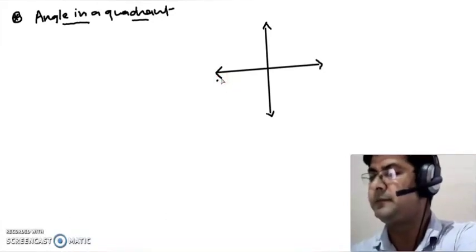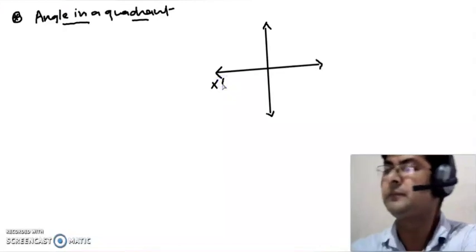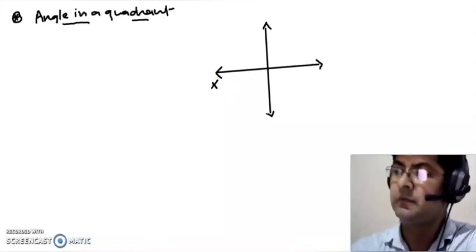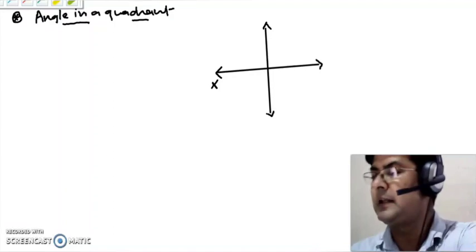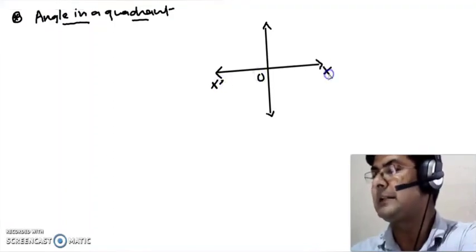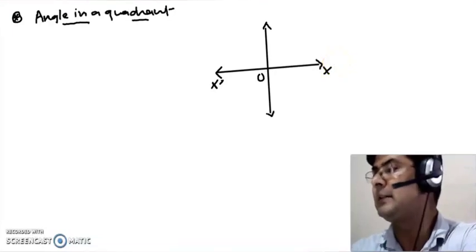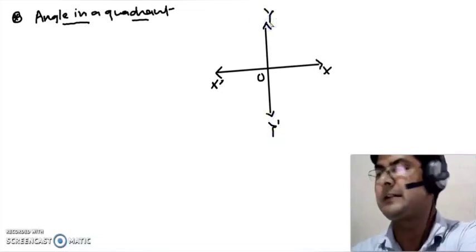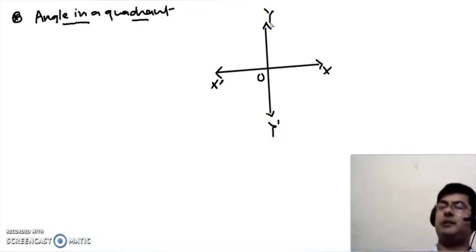So we have X'OX and Y'OY as the x-axis and y-axis respectively.